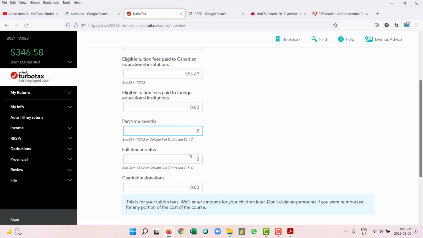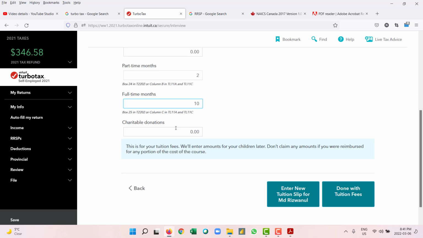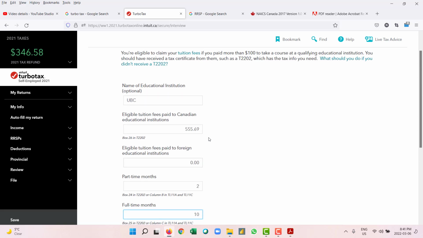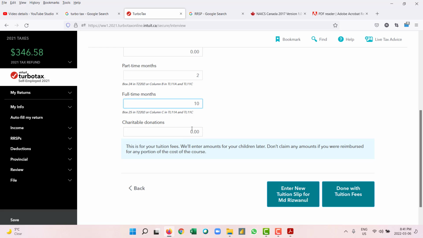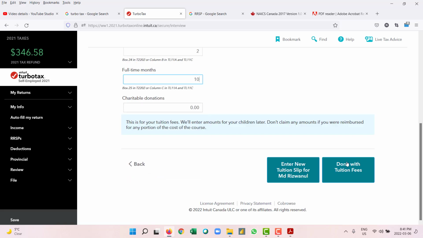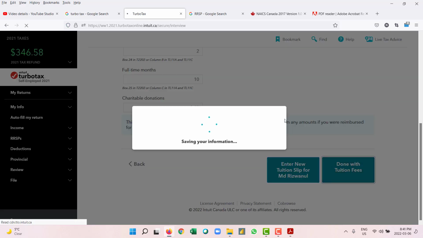Part-time months was 2, and full-time months was 10. Oh, if you make any charitable donation, it can also help you deduct your taxable amount. So I did nothing. Done with tuition fees. Then if you have more tuition fee slips, you can enter them here.